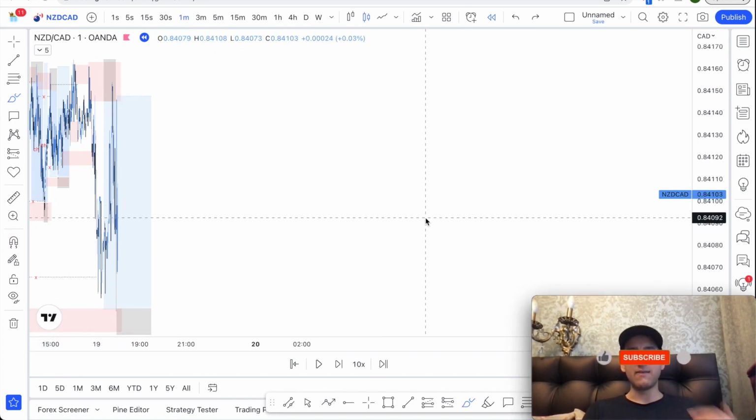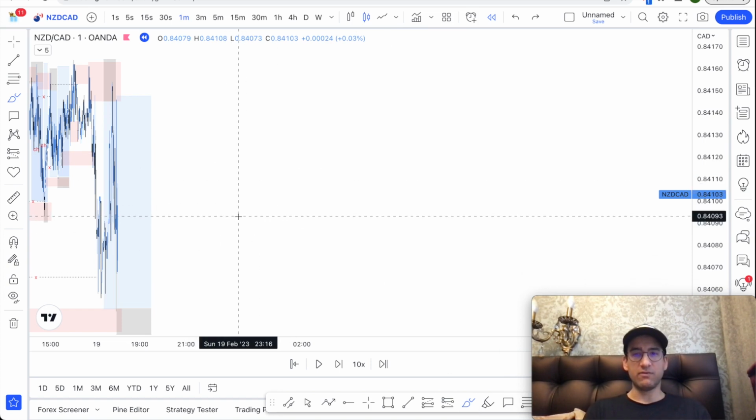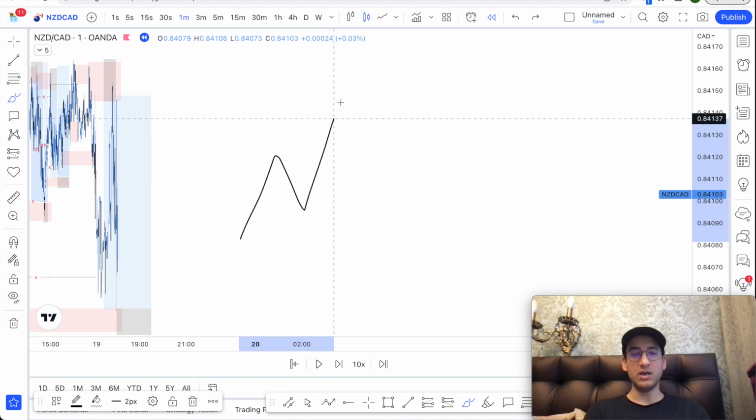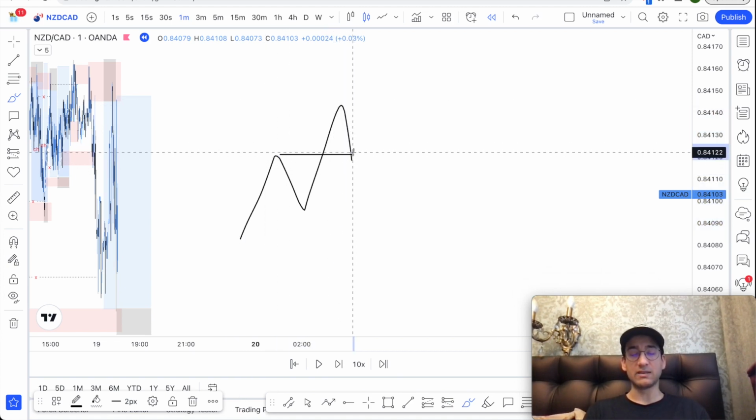There are obviously many other ways to identify high probability setups or low probability setups in the markets. Just to give you an overview of the low probability setups, a lot of them look something like this, where prices are going bullish and you see a break of structure. People are buying right at the break.